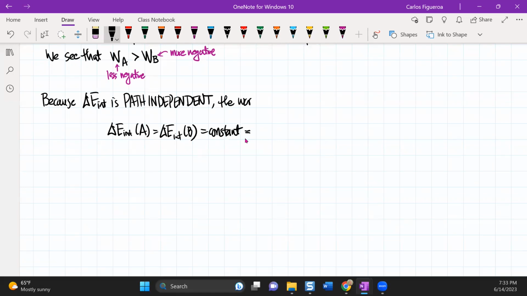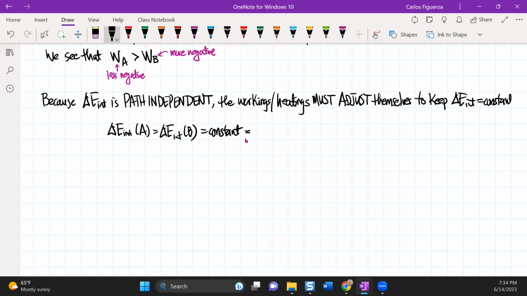The workings and heatings must adjust themselves to keep delta internal energy equal to a constant.